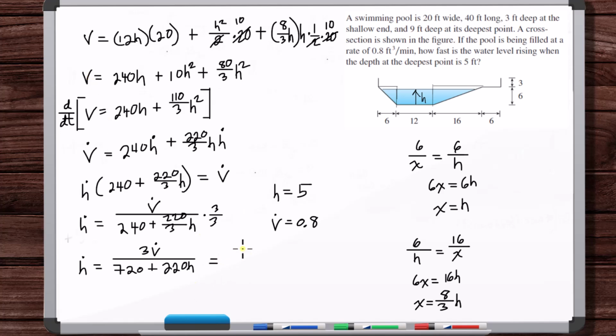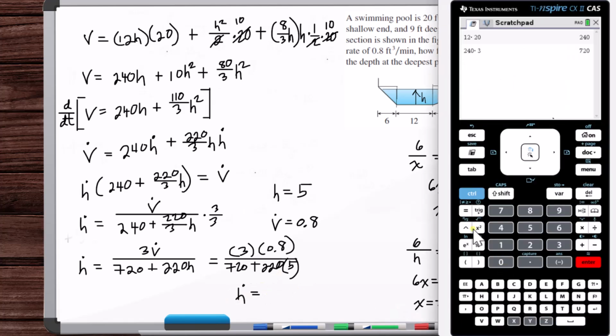It tells us that we know V dot is increasing. So h dot is equal to 3 times 0.8 divided by the denominator.